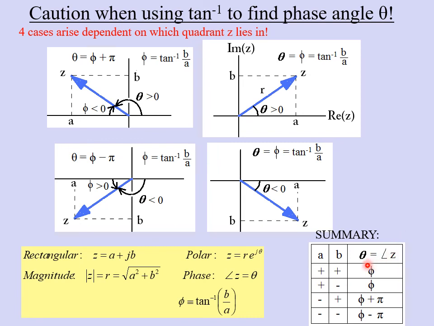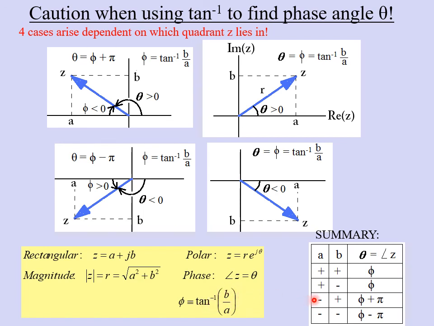The phase angle of a complex quantity depends on the sign of a and b, where again, a is the real part and b is the imaginary part. If they're both positive, the phase angle is just equal to inverse tangent of b over a. Likewise, if a is positive and b is negative, we can also use this same expression.